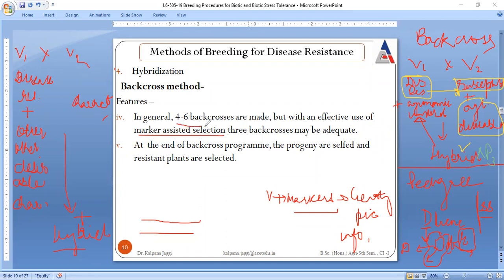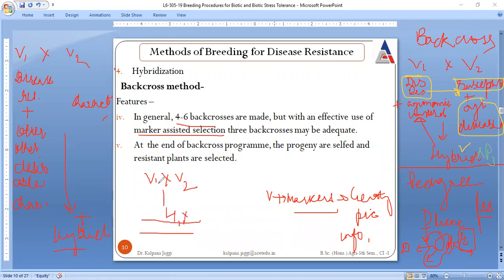Basically, 4 to 6 backcrosses are to be done. Say when this one backcross is carried out, one variety, whose features are now known to you all, is crossed and one hybrid is produced.